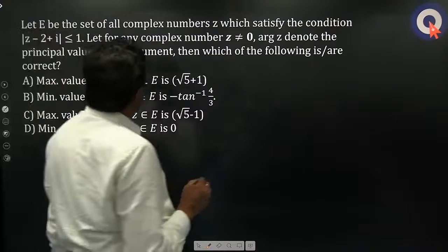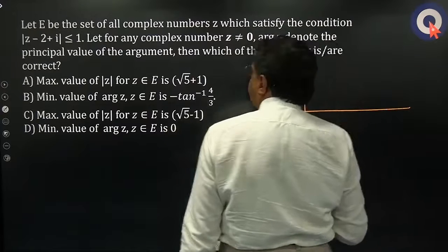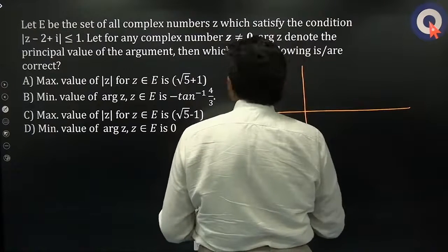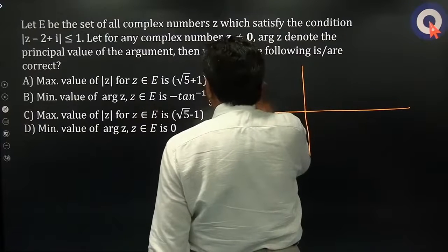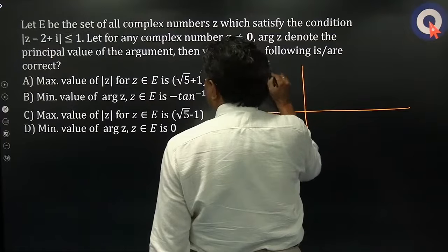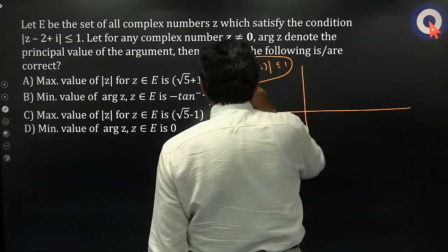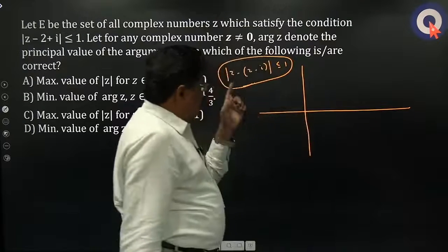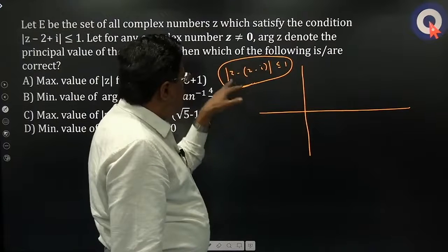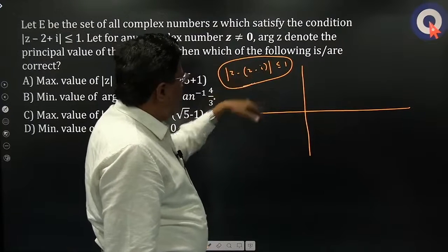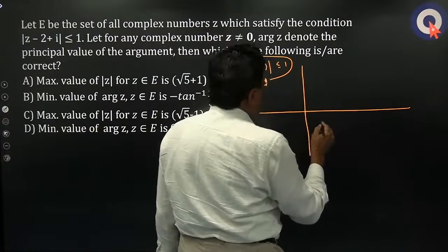Let us see. So here, mod of Z minus of 2 minus I is less than or equal to 1. So this represents a circle, the region inside the circle and also on the perimeter of the circle, with center at 2 comma minus 1 and radius 1 unit.